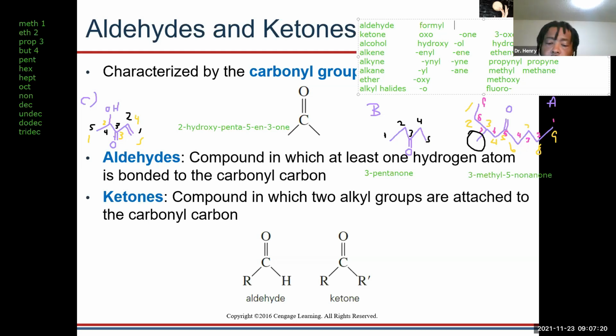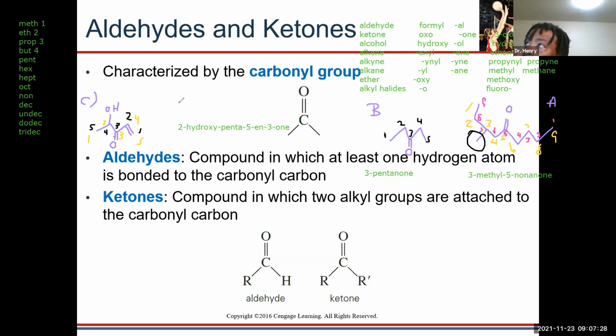If it is the highest priority, we use al. Okay, so the generic structure for an aldehyde is a hydrocarbon and then on the side chain on the carbon is just a hydrogen. So like this, okay?